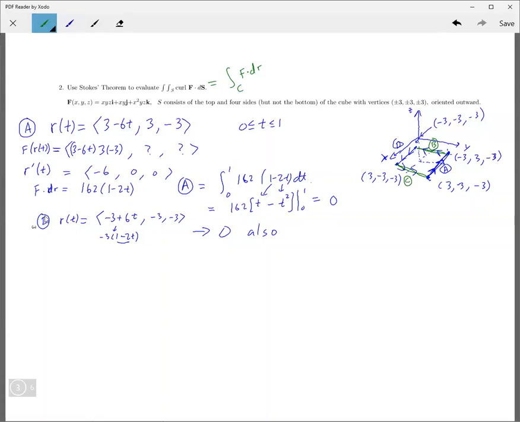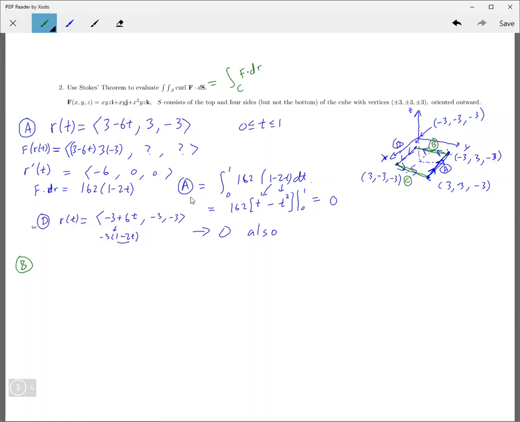Now, if we look at the B integral, like I said, these two parts are going to be 0 when you take the derivative, so we're just going to get this multiplied by some constant. Okay, now let's look at the B integral. Here you're going from negative 3, 3, negative 3 to negative 3, negative 3, negative 3.